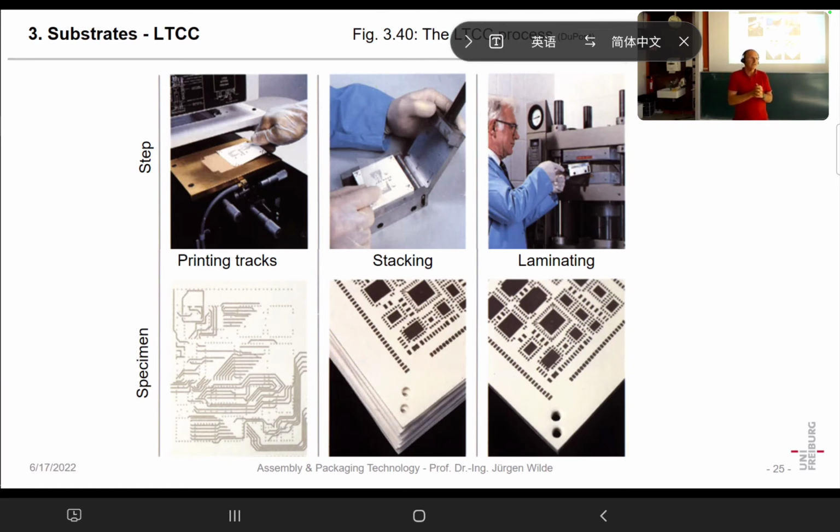And that can be achieved when you first press it at a slightly increased temperature. In that green tape, there are polymers and waxes, and so it somehow melts together. But not the ceramic is melting, but the additional material in that green tape. And so it is called laminating.